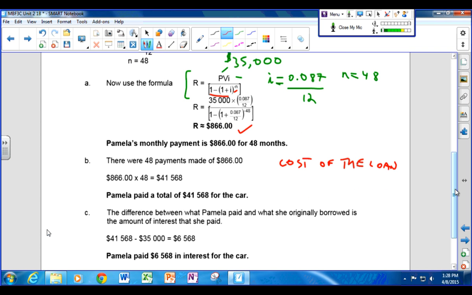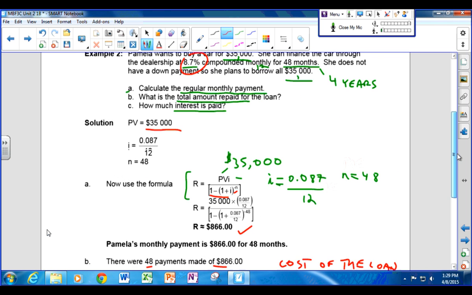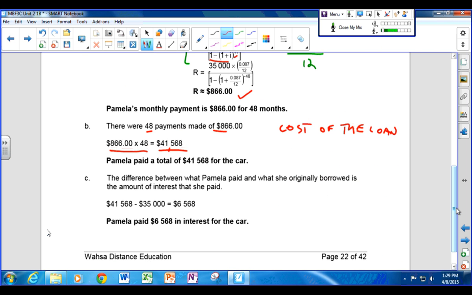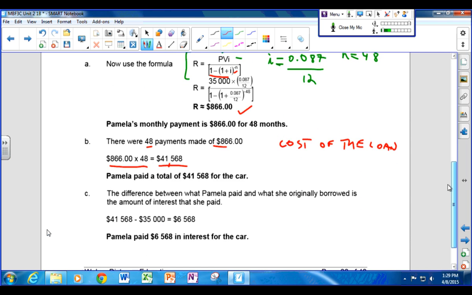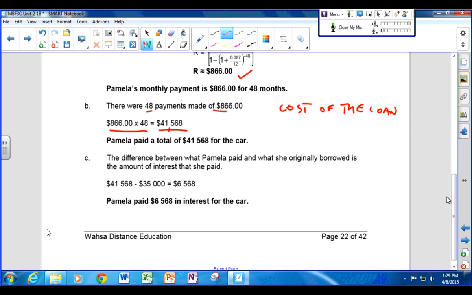We can work out how much it costs her: the number of payments times the regular payment amount. She will pay over the 4 years $41,568 for the car. That's $6,568 more than what she would have paid if she'd paid cash.